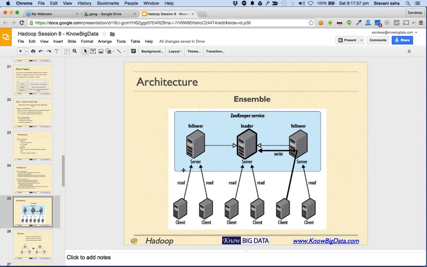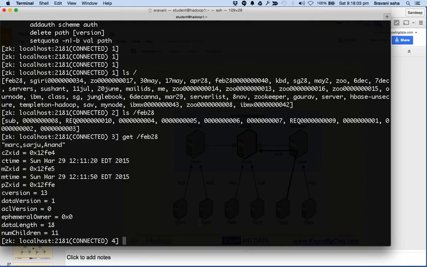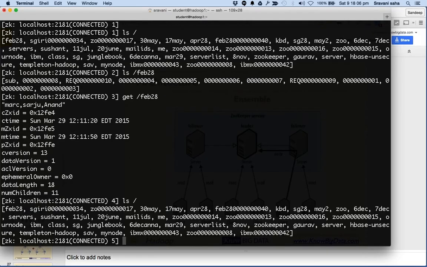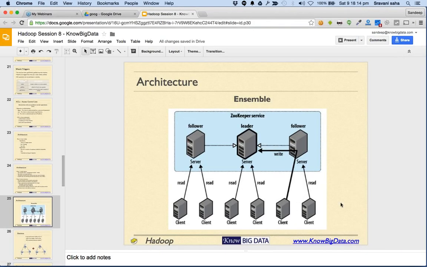For the user, this whole system will look like a single machine. The way I'm feeling as if I'm talking to a single machine right now, the way I do ls locally, that's what I'm doing. But internally, Zookeeper would have multiple machines running in parallel. You might be talking to any of the followers or any of the leaders based on whether you are reading or writing.